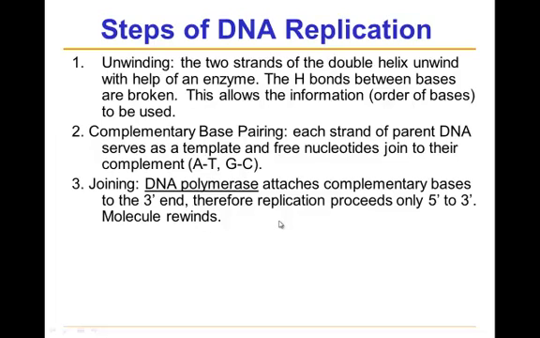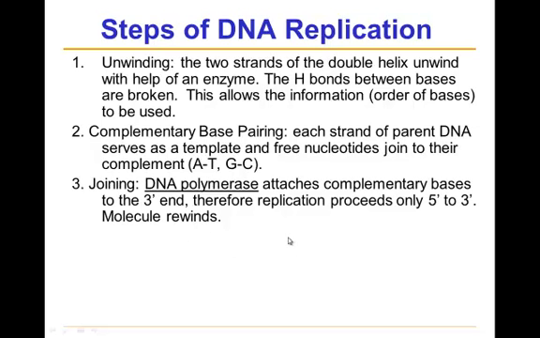That's what's happening here in DNA replication, we're making another DNA molecule. So then it will covalently bond, attach those complementary bases to the 3' end, and so replication only proceeds from the 5' to the 3' end. And as those bases are put on, the molecule rewinds.